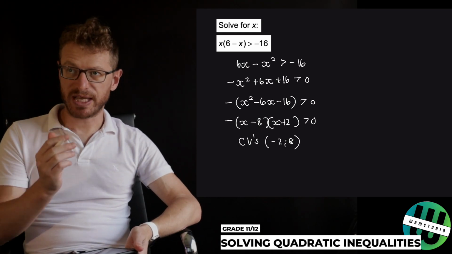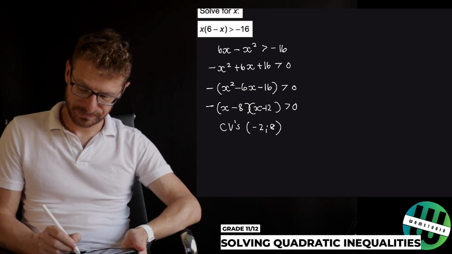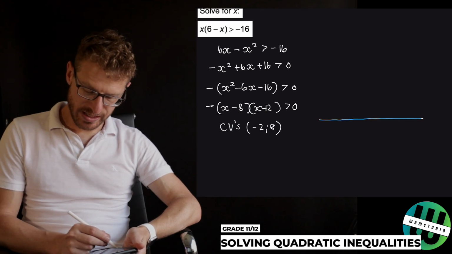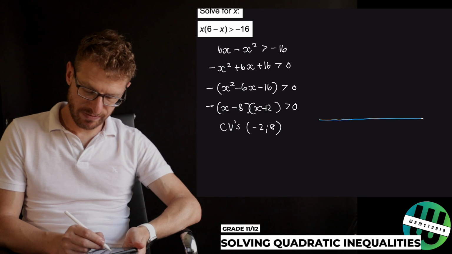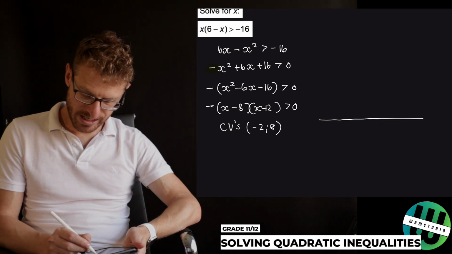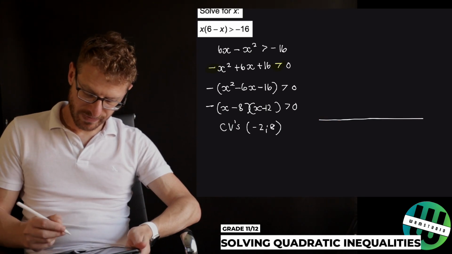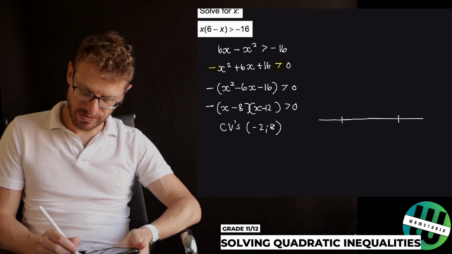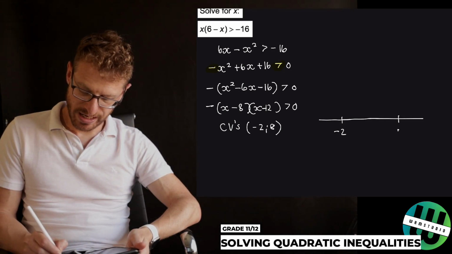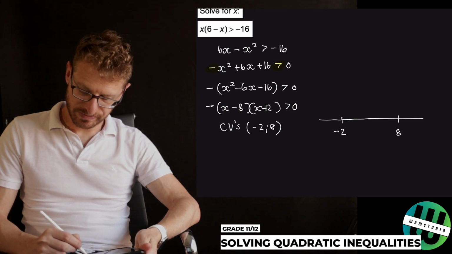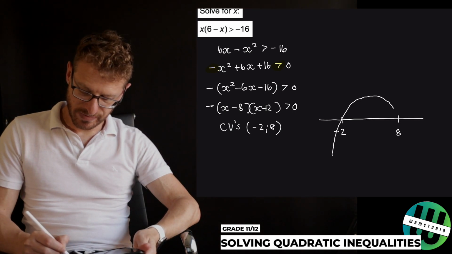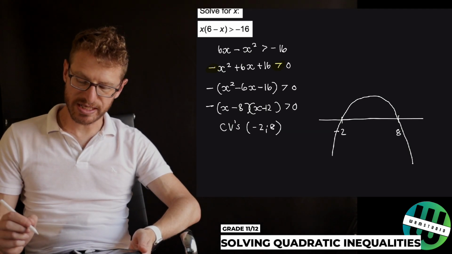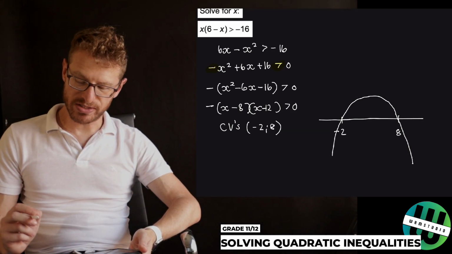Now, my sketch. Since this is negative and I didn't change my sign, it's going to be a frowny face parabola, with negative 2 and 8 as the roots.